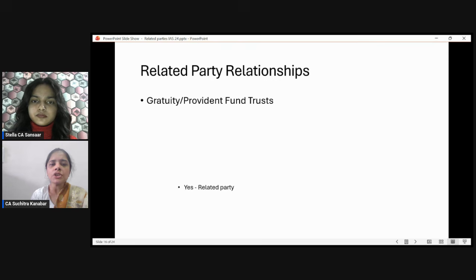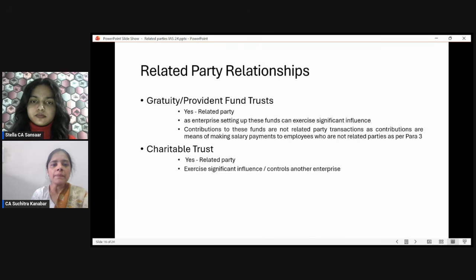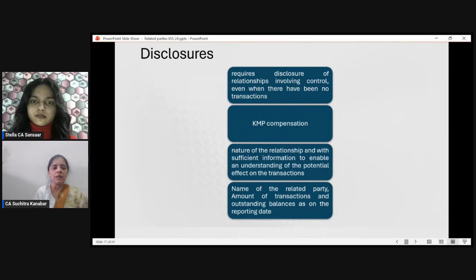Related party relationships. Here I have included an example of the employee benefit fund or plan. I had told you before also that gratuity, provident fund and charitable trust are covered here in related party relationships. Why?